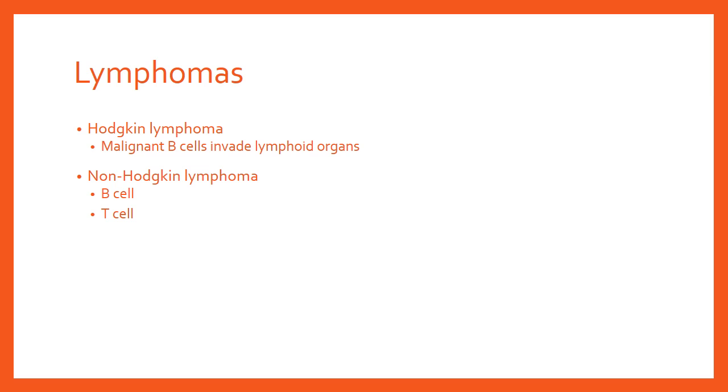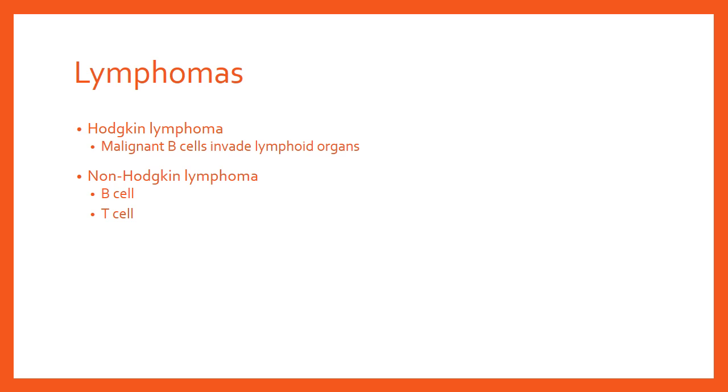Constitutional symptoms start occurring. The patient will feel sick, tired, with night sweats, fever, chills, and weight loss. Weight loss with malignancies occurs because of the energy demands that most malignancies impose on the body.